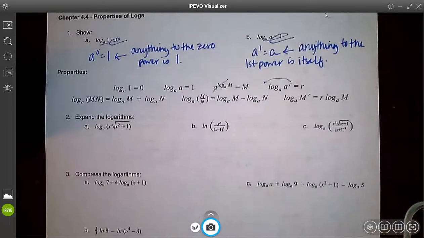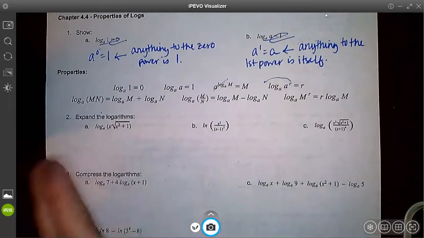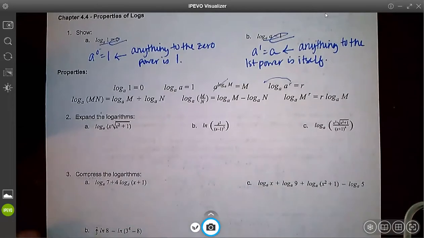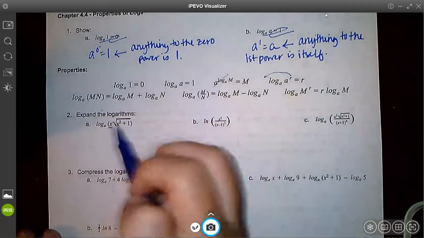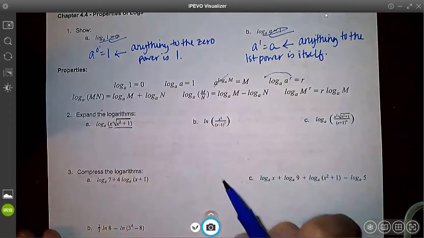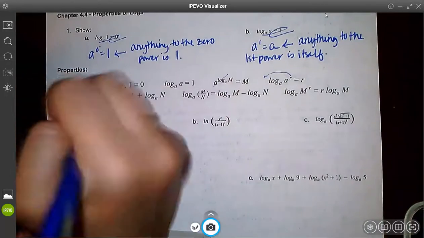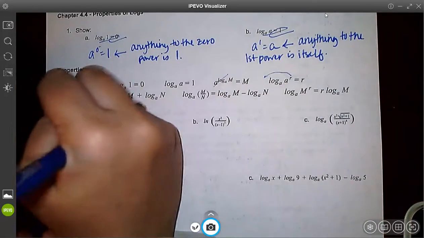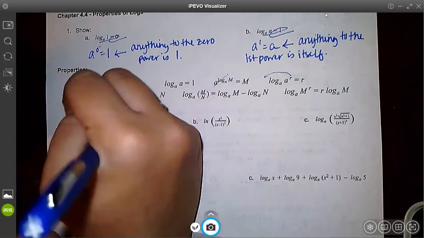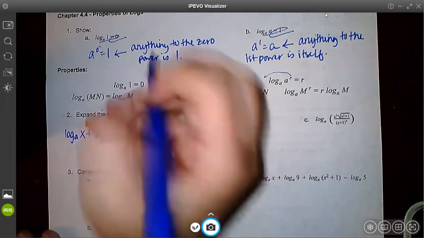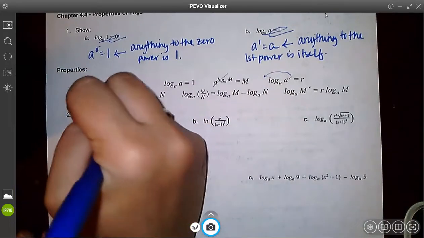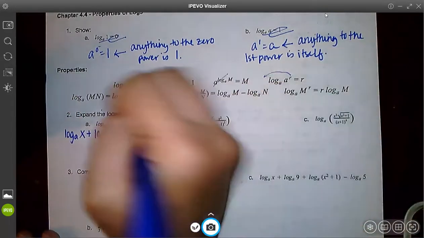So expanding means we're just taking this and making it longer using more than one log. So I'm going to say this and these are multiplied together. So I'm going to use the product rule. So I have a log base A of x plus log base A of, and I'm going to rewrite this radical here as a power. So you have x squared plus 1. Remember, it's always power over root.